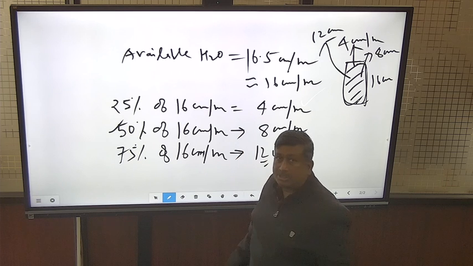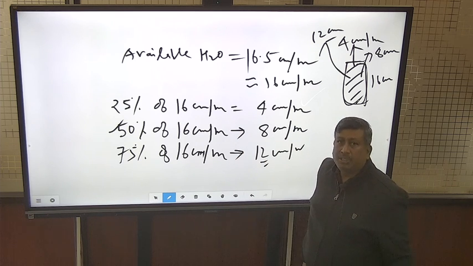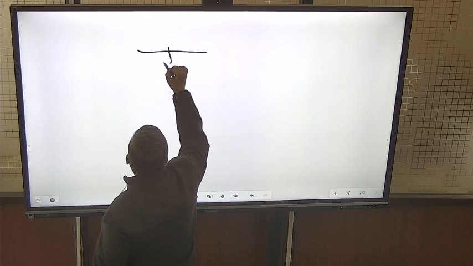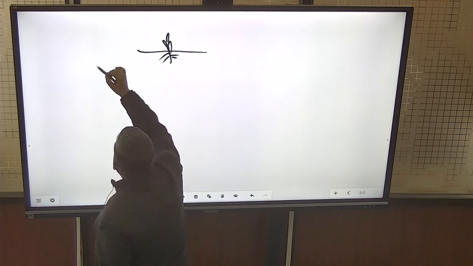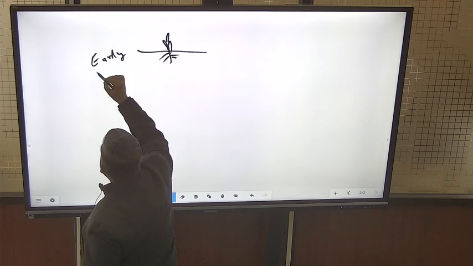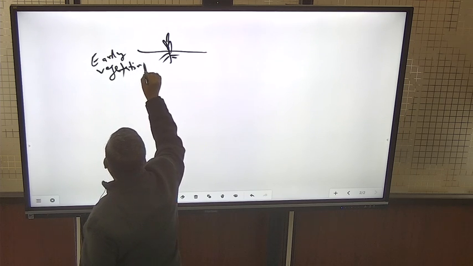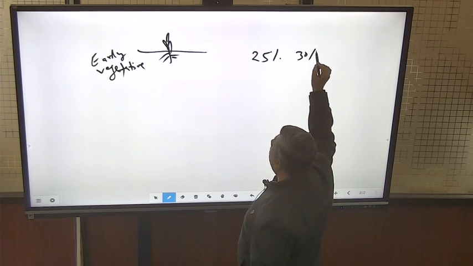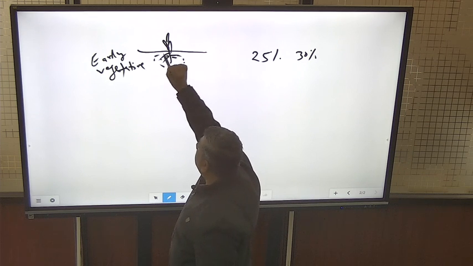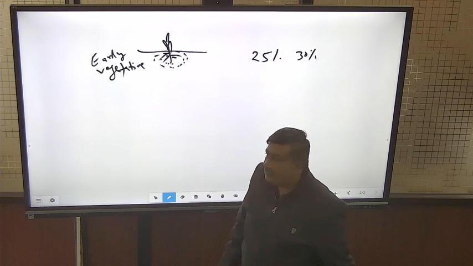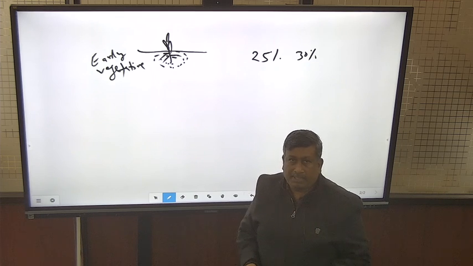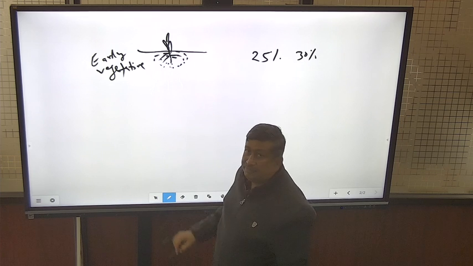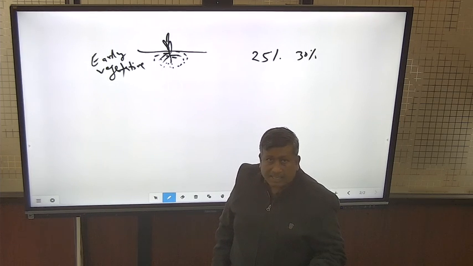So this is the soil moisture depletion approach, the scientific approach generally used by scientists. Suppose we are growing a crop at the seedling stage or early vegetative stage, and we give irrigation at 25% or 30% depletion of available moisture. Then the root will get sufficient water and there will be no further root development, because root development is due to moisture deficiency; roots go into deeper layers in search of water.